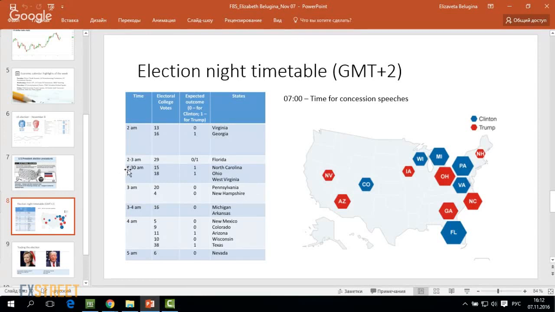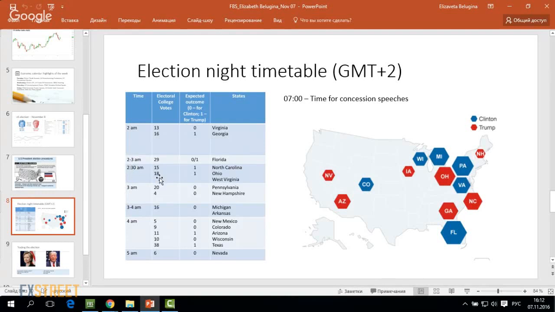So you can see that these states, Florida, North Carolina, Ohio, Pennsylvania, will release the exit polls results around from 2 to 3 a.m.